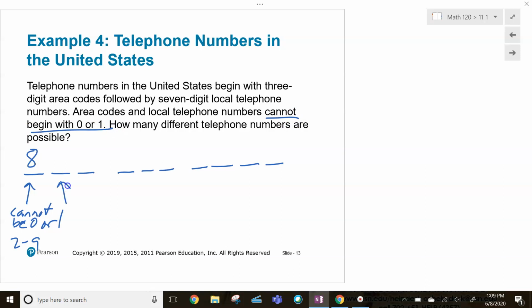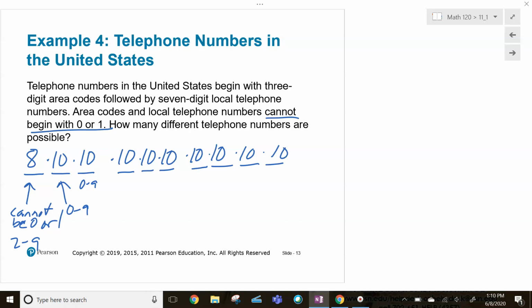Now the second number can be anything. So 0 through 9, how many are there? There's 10 options there. Here I could have 0 through 9, so again, 10 options there. This one could be 10. Any of the rest of these could be any 0 through 9. So you multiply that up.